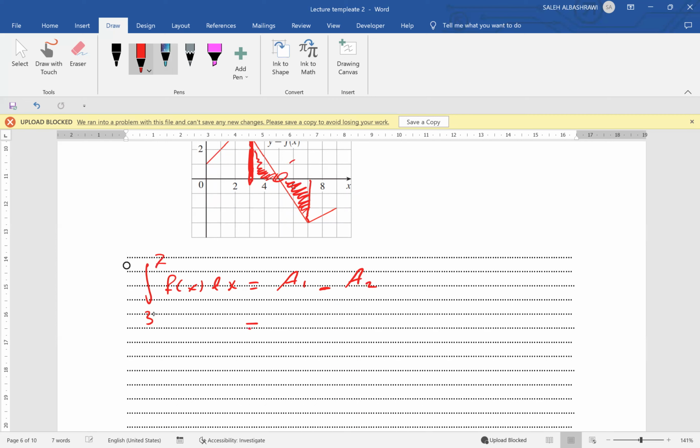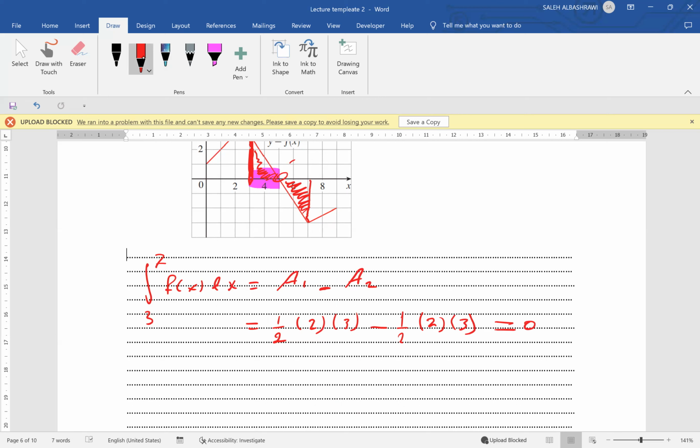So this will give me 1/2 multiplied by the base for A1, which is equal to 2, multiplied by the height, which is equal to 3, minus, now the second one, 1/2 multiplied by the base, 2, times the height, 3. So the answer will be 0 in this case.